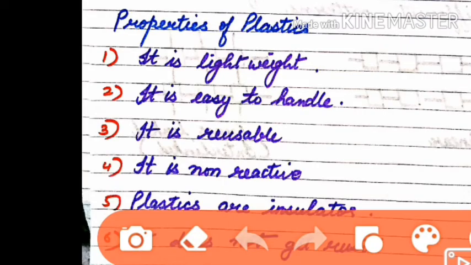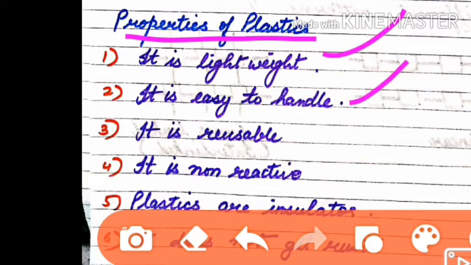Now we will discuss properties of plastics. Plastics are lightweight. They are easy to handle. They are reusable, means we can use them again. Plastics are non-reactive, means plastics do not react with air, water or chemicals.